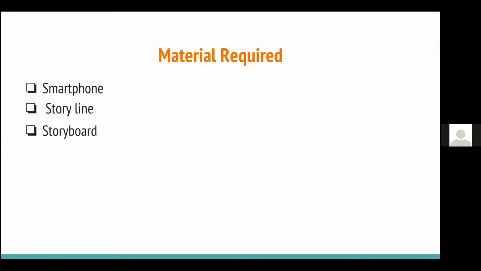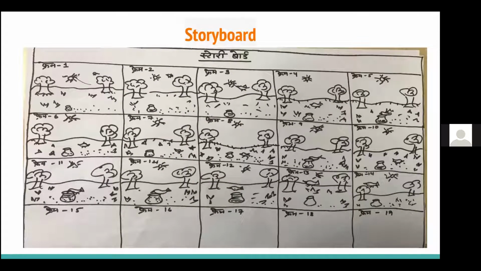A storyboard is a graphical representation of any video. If we want to create any animation or video, we create a graphical representation of each frame of each scene. Here you can see an example of a storyboard I have created by pencil. We can create it by pencil, and we can also create storyboards digitally.